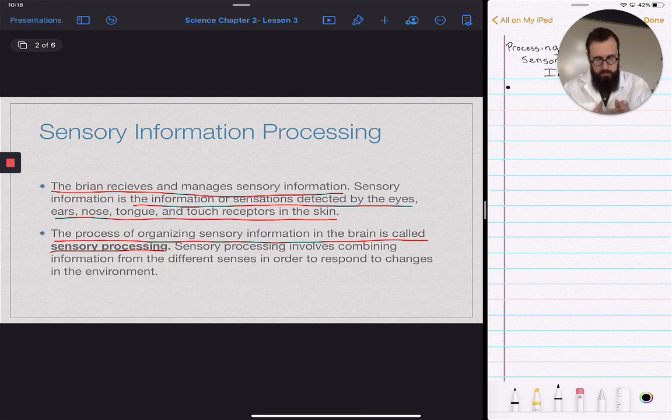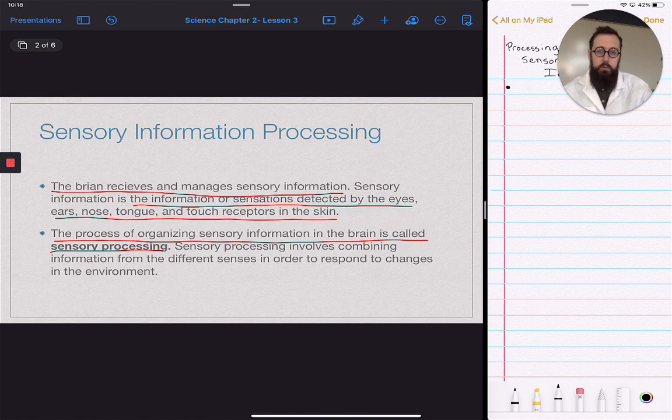So let's go ahead and just finish the slide before we do any notes. So the process of organizing sensory information in the brain is called sensory processing. Sensory processing involves combining information from the different senses in order to respond to changes in the environment.